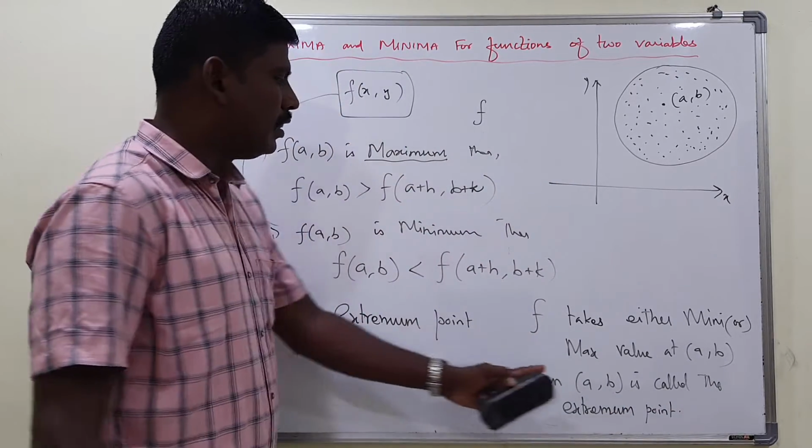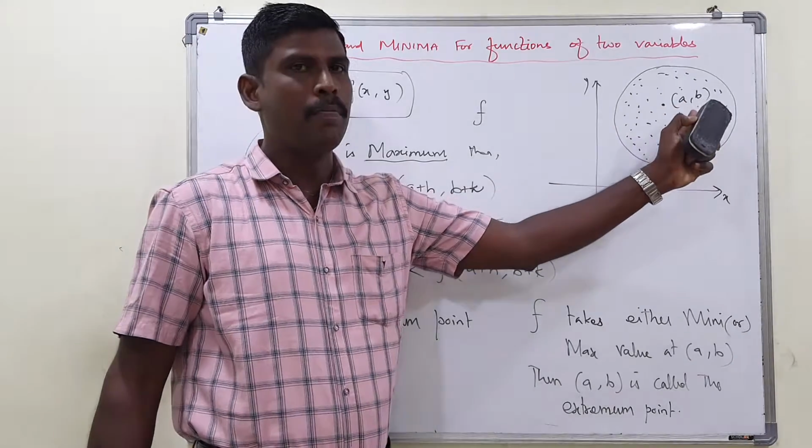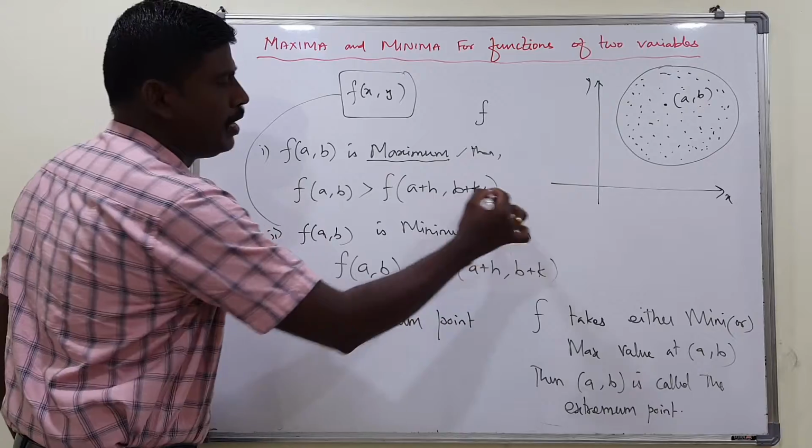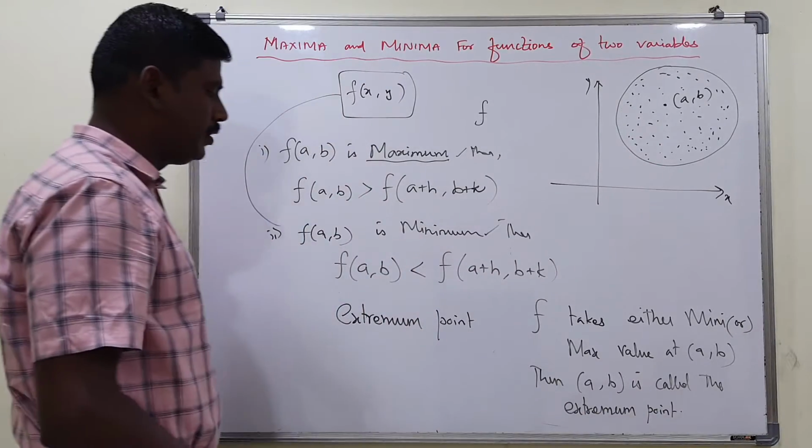So if the point a comma b is an extremum point, then f takes either maximum or minimum at the point. That's all. Right?